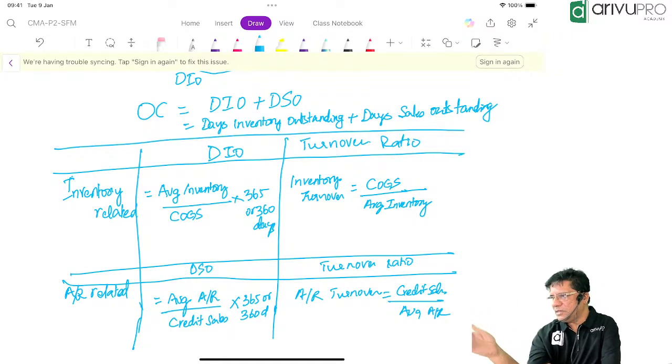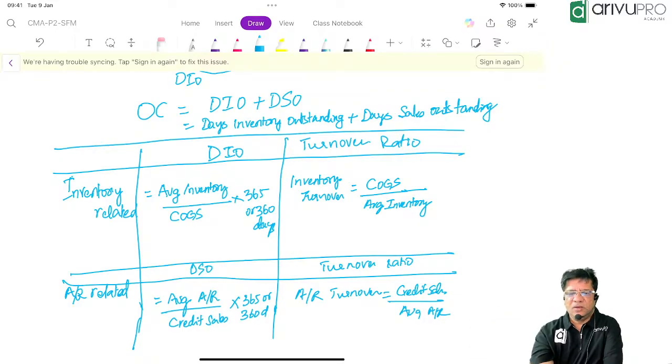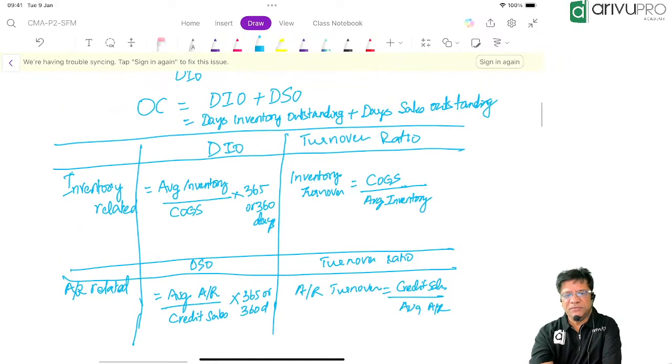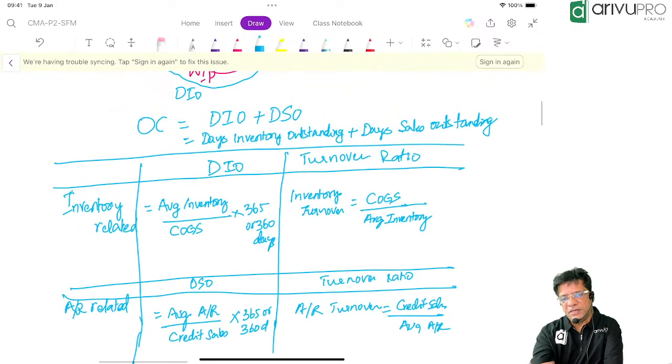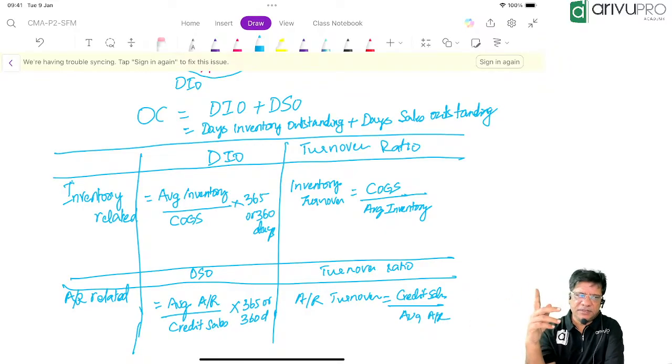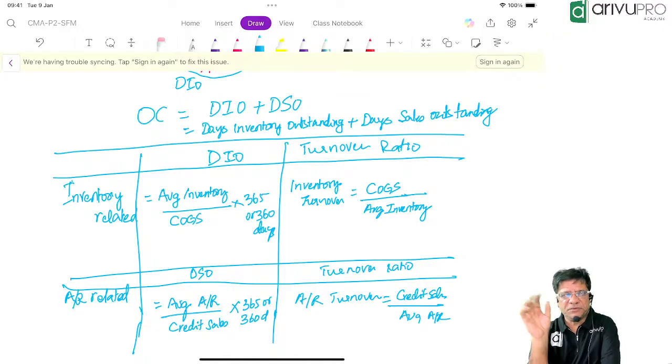There is no credit, etc. But when it comes to sales, especially when we are selling on credit, the not-collected portion is AR. That is directly related to credit sales. That's why yesterday I said, you should not memorize the formulas. This is the link, this is the concept.